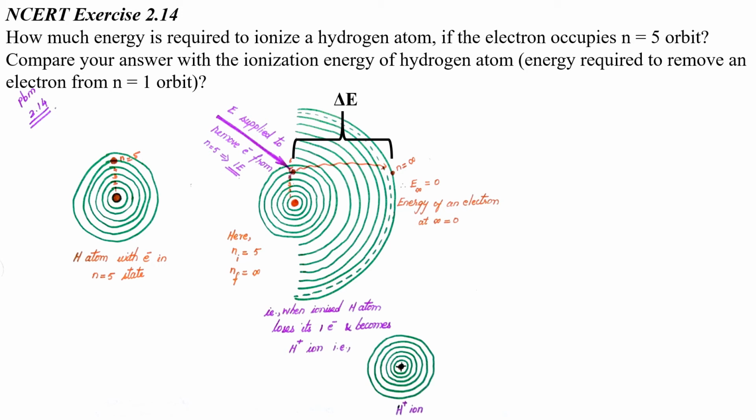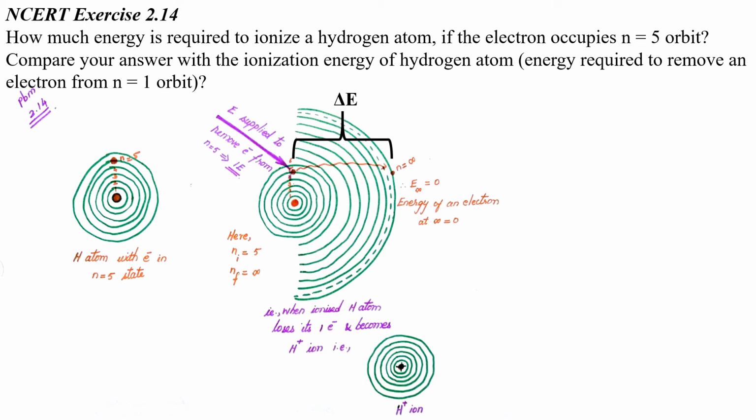So now in this case, there is a difference between the energies of the fifth orbit, from where the electron has moved, and the nth orbit at infinity, isn't it? The fifth orbit has a particular value of energy, and the energy of the n infinity orbit will be much different. What is it? It is equal to 0.